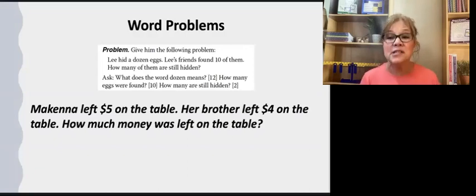How much money was left on the table? Well, left is the keyword for subtraction. So if your child is looking for keywords, what are they going to do? They're going to subtract 5 minus 4 instead of add, right? Because they're not looking at the message of the word problem. They're simply looking for that keyword.